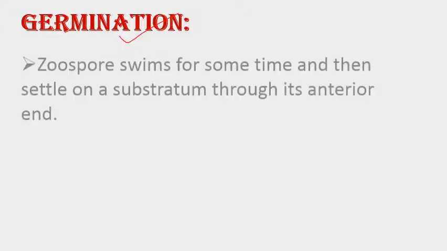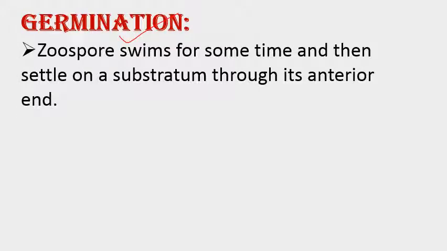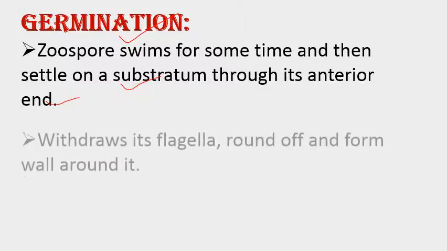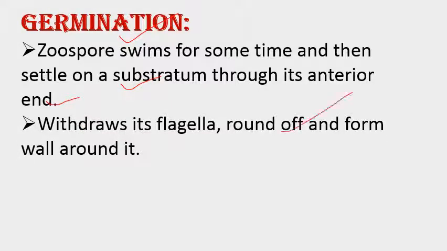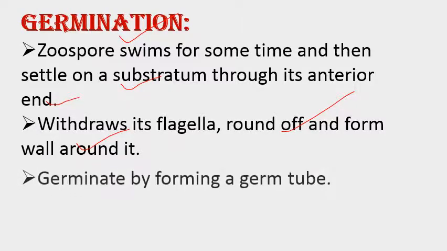Next, germination of zoospores. Germination of the zoospore is similar to that of zoospores produced by unilocular sporangia. So these spores will rest, and as soon as they settle down on a suitable substratum, they will withdraw their flagella and round off to form a wall around them, and after that they will germinate to form a germ tube.